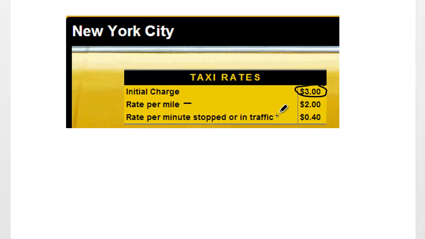We have to choose our variables carefully when writing an expression. Even though we'd like to use m for miles and m for minutes, we need two different variables. Unless you are told what to use for your variables, there is no definitive answer here. Your expression may be 3 plus 2m plus 4/10 t, where m stands for miles and t is the time stopped or in traffic.